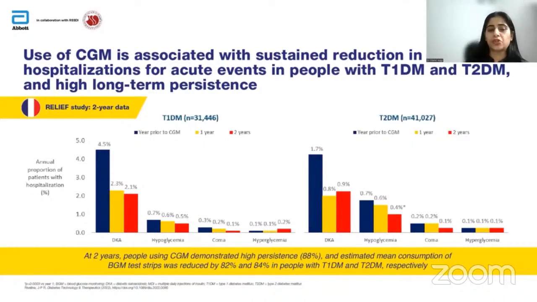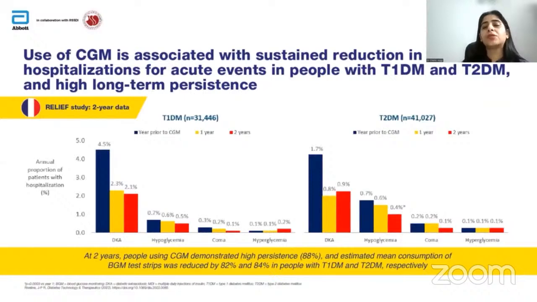Reduction in hospitalizations due to diabetic ketoacidosis, reductions in terms of hypoglycemia, again, marked reductions in terms of diabetic coma and hyperglycemias. Further on, this study also went on to show that at 2 years, people using CGM demonstrated a much higher persistence of almost 88% with this technology, and an estimated mean consumption of the blood glucose monitoring test strips was reduced by 82% and 84% in patients with type 1 as well as type 2 diabetes respectively.